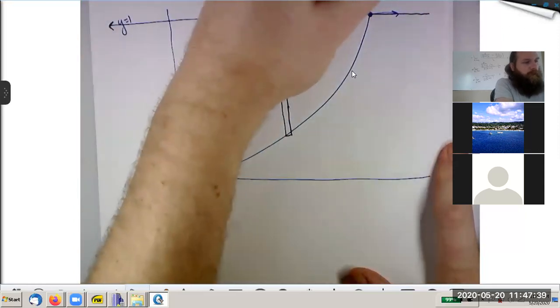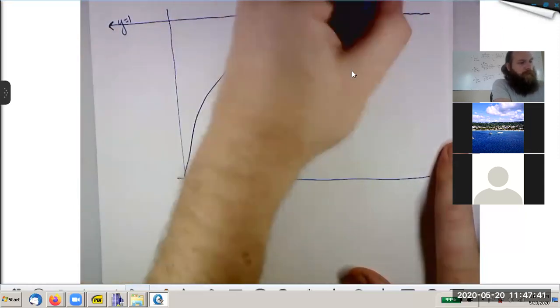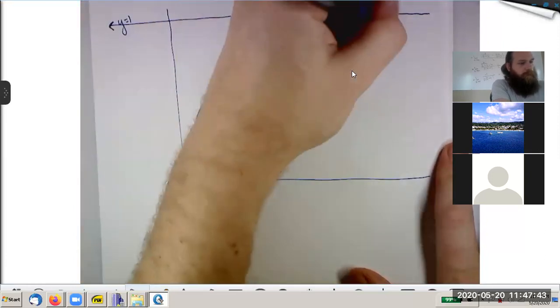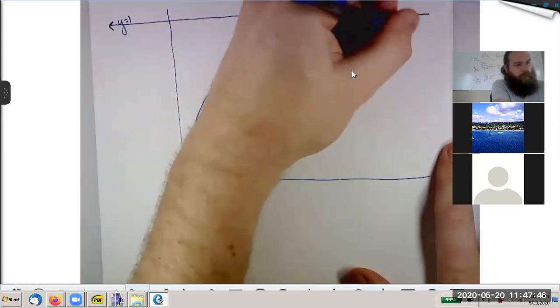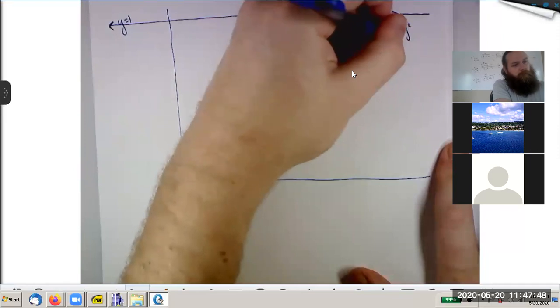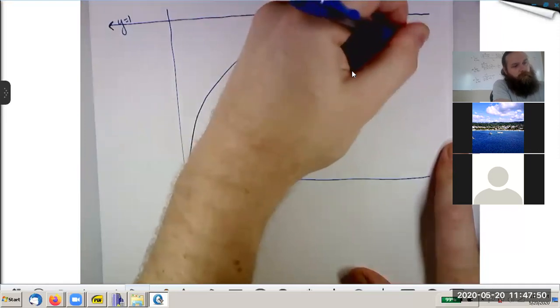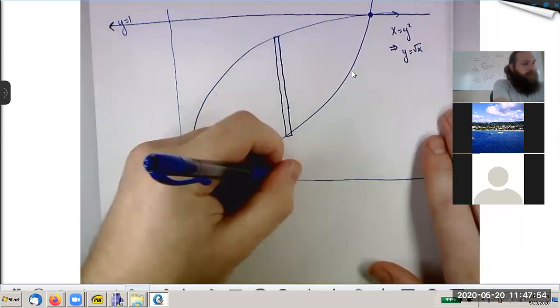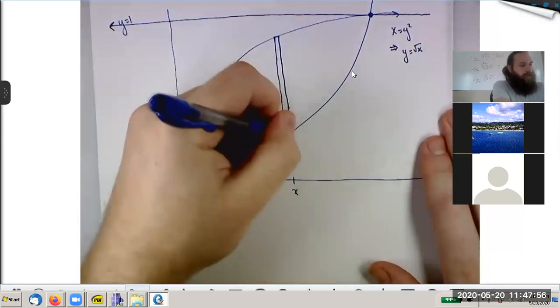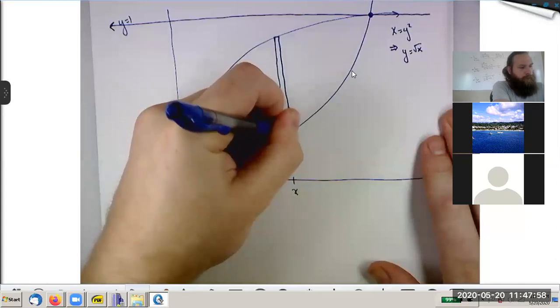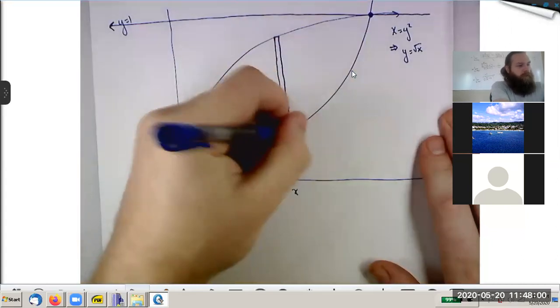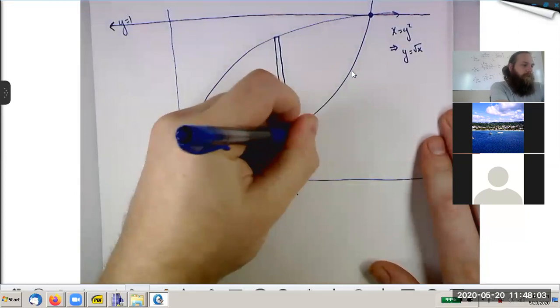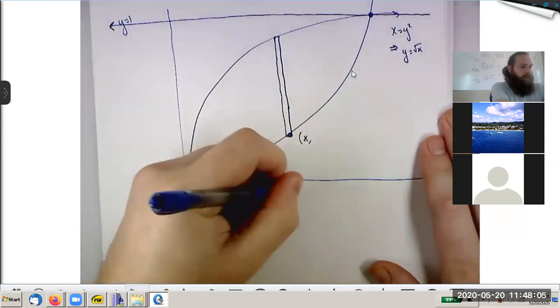This is the curve y equals x squared, and this other guy is the curve x equals y squared, which is the same as y equals the square root of x. If this is taking place at x, then along the bottom curve, y equals x squared, that's going to be x comma something, right?